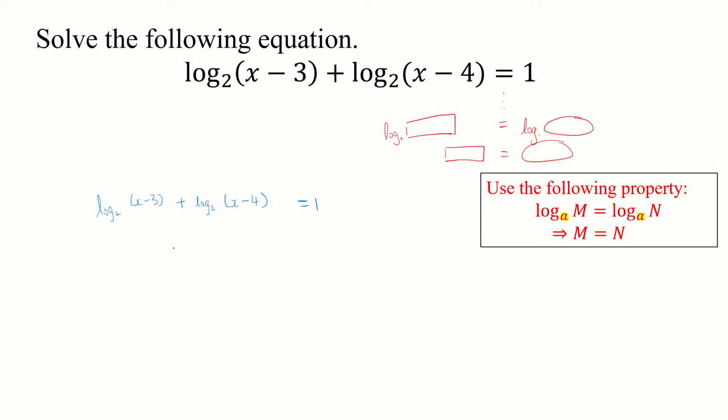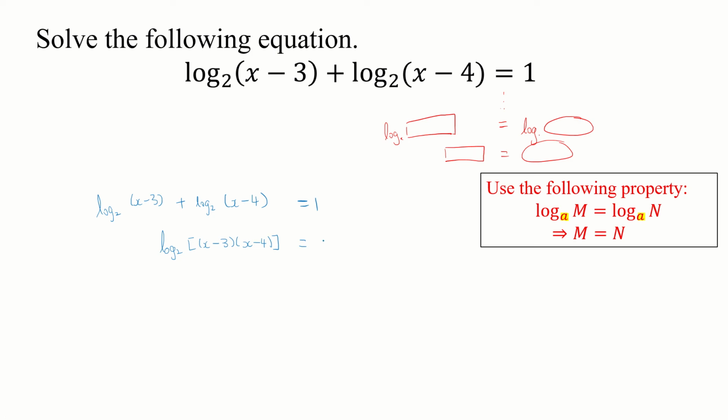Once we have this, we know that we can apply the product law of logarithm. So this will be just log base 2 of x minus 3 times x minus 4. To apply this property, we want to make sure that on our right is also log base 2 of something, because we must have the same base on both sides.